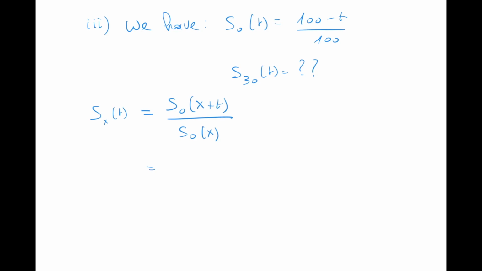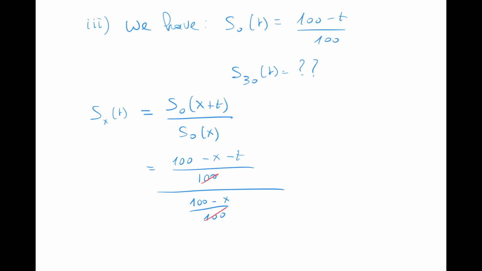Alright, because now we can just plug in expressions for S0. S0 evaluated in x plus t is 100 minus (x plus t), so minus x minus t, divided by 100, and S0(x) is (100 minus x) divided by 100.